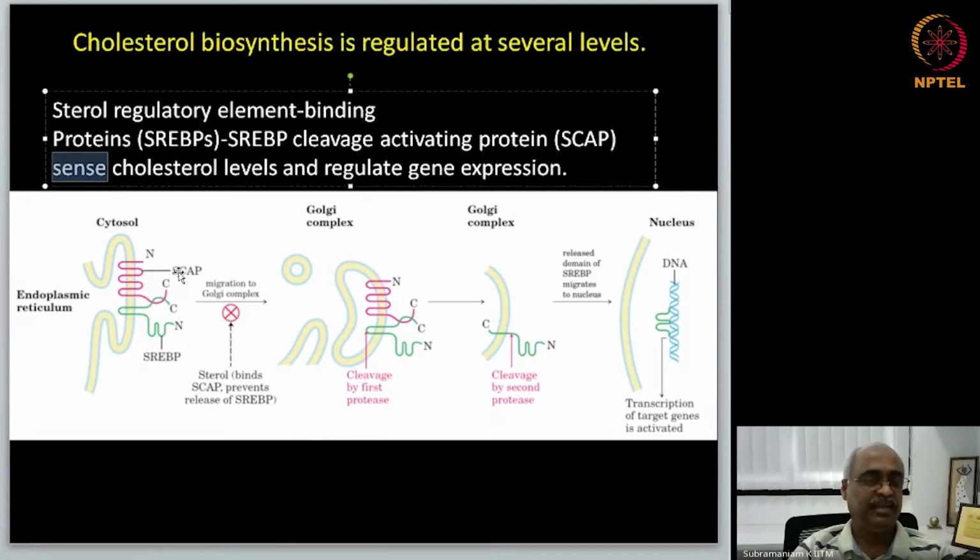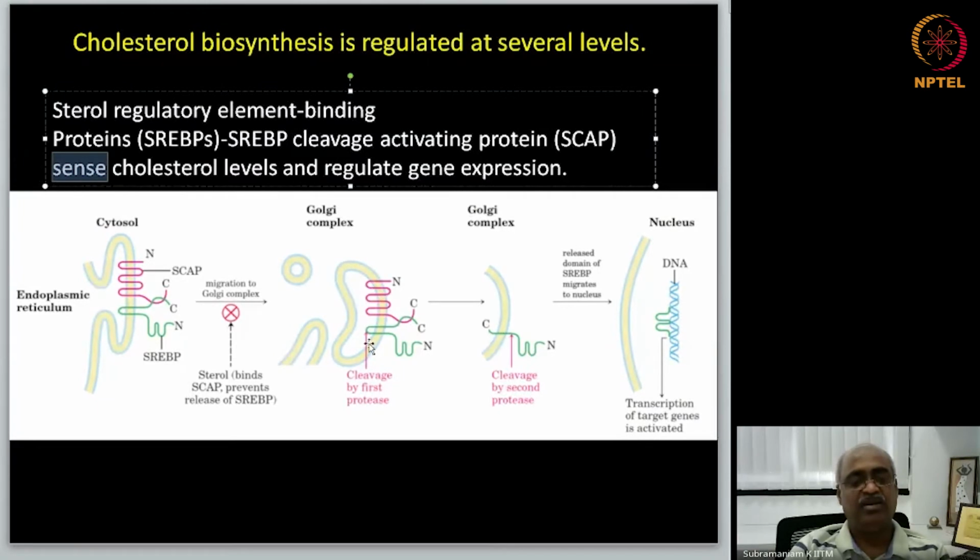That leads to a conformation that keeps them on the endoplasmic reticulum, presumably involving another protein that probably retains these two on the endoplasmic reticulum. But on the other hand, if the cholesterol level is low and SCAP is unbound with cholesterol, then that releases these two from the endoplasmic reticulum and they migrate to the Golgi.